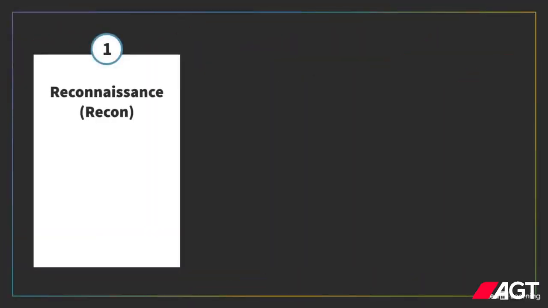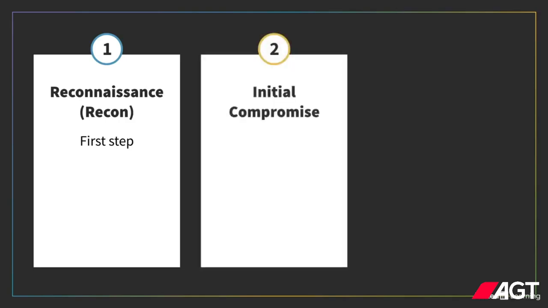Reconnaissance or recon is the first step, followed by an initial compromise, which could happen through an email with malicious software or malware as its attachment. One breach can lead to another, allowing more attack options or establishing a foothold for more serious future attacks.